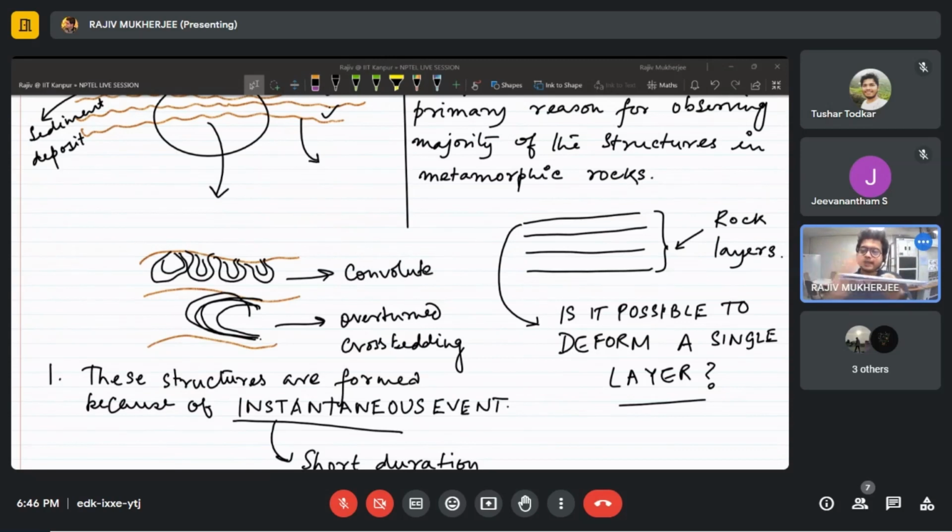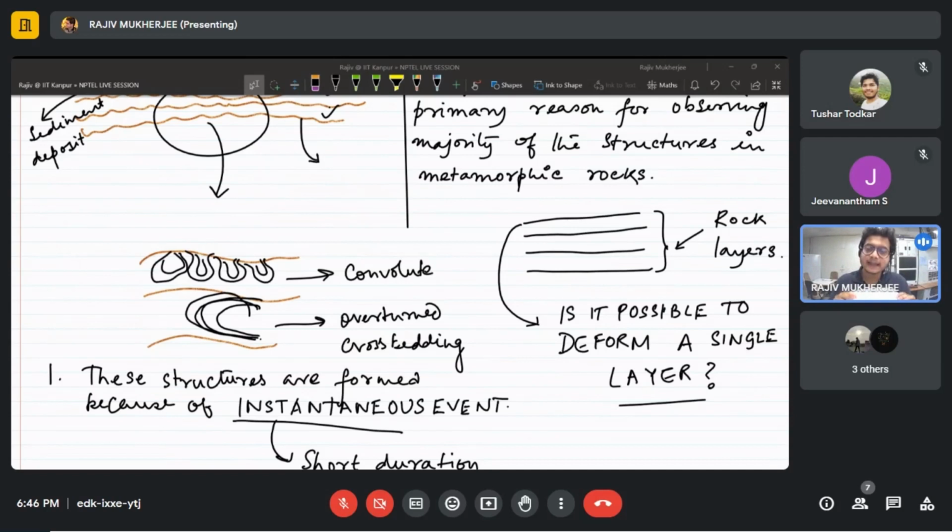But now if I am trying to fold like this, what is happening? I am applying the stress all over this notepad, not on a single paper. The entire stack of papers is being folded.